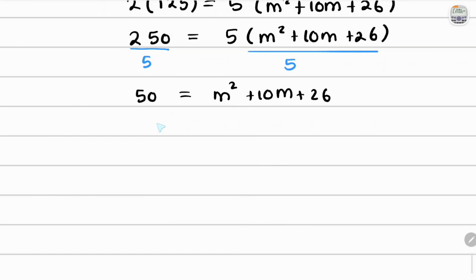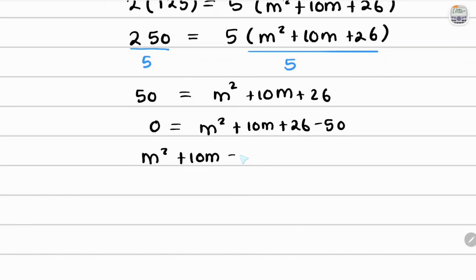And then we can take the 50 over. So we have m squared plus 10m plus 26 minus 50. 26 minus 50 is going to give us negative 24. So this is 0 is equal to, or we can just say m squared plus 10m minus 24 is equal to 0. And then we can factorize.